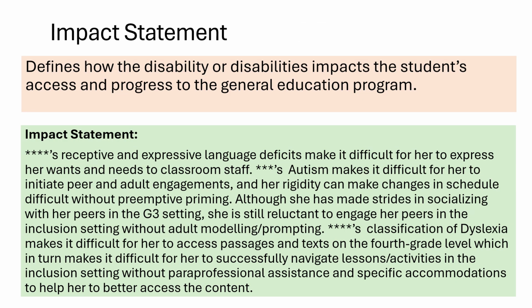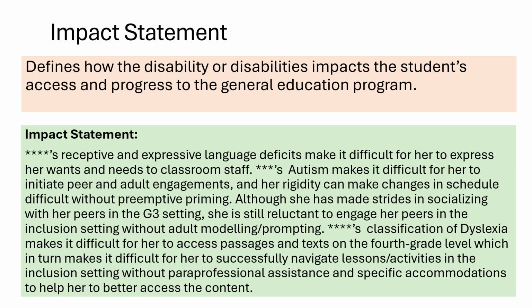Impact statement. The impact statement defines how the disability or disabilities, qualifying conditions, impacts the student's access and progress to the general education program. What you need to know is that depending on the author of the PLAAFP, they have some preferences.